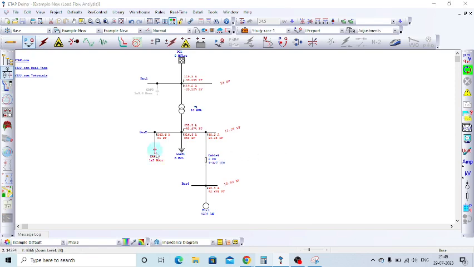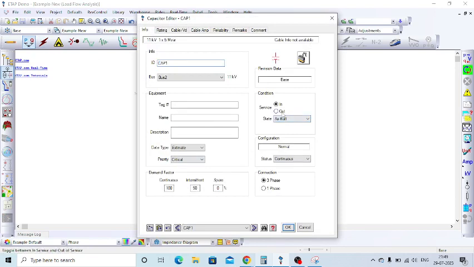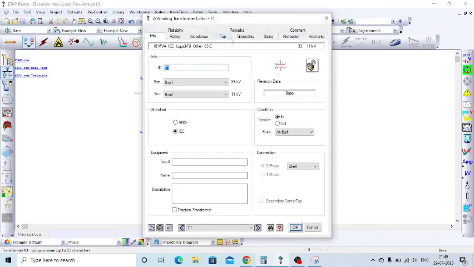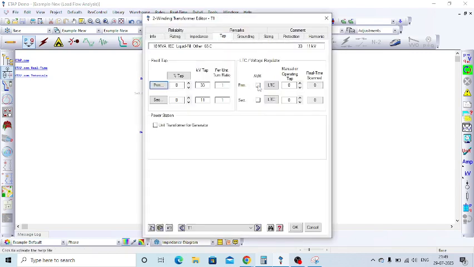So now suppose I just switch off this capacitor bank also. Okay. Earlier the voltage of 11.05 kV has changed to 10.57 kV. Okay. So in order to improve the voltage, what I am going to do is enable the transformer OLTC.